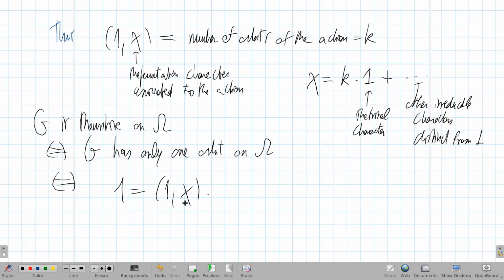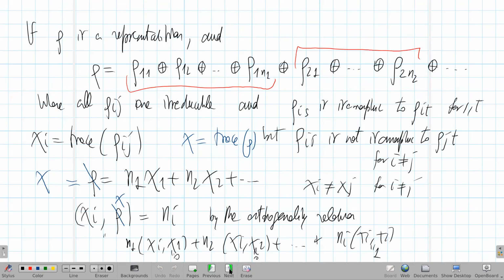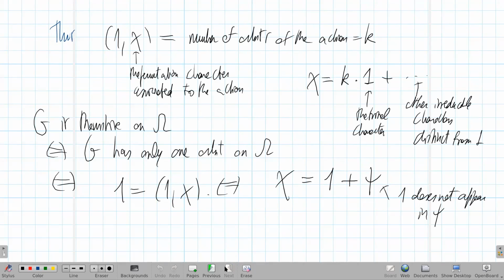Which means that chi equals 1 plus another character psi, where 1 does not appear in psi. So the trivial character appears only once when you write chi as a sum of irreducible characters.